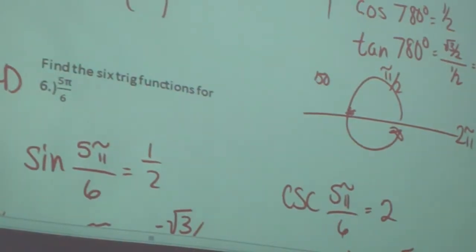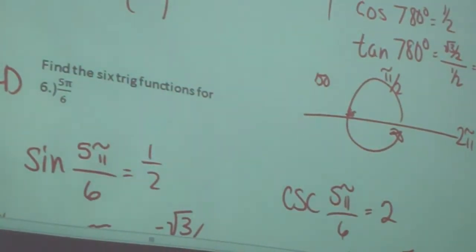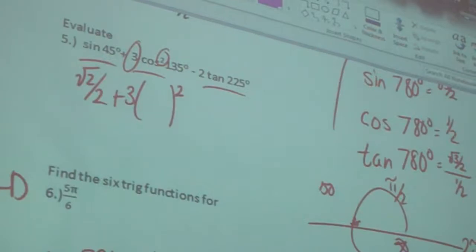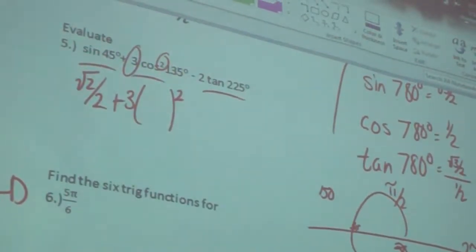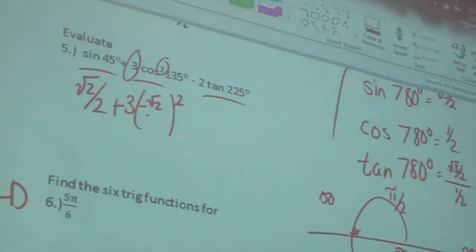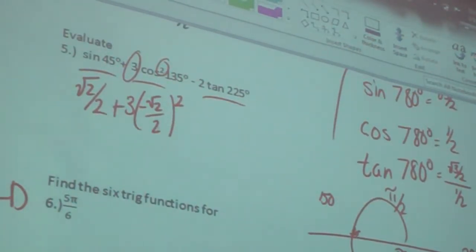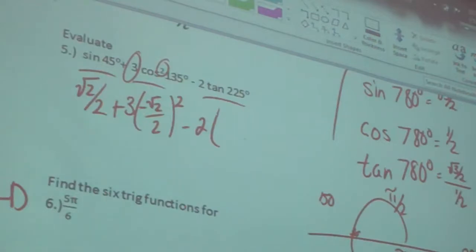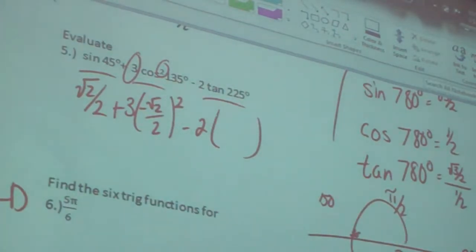So what is cosine of 135? It's negative square root of 2 over 2, because it's a 45 reference, right? And then finally 225. Reference of what?